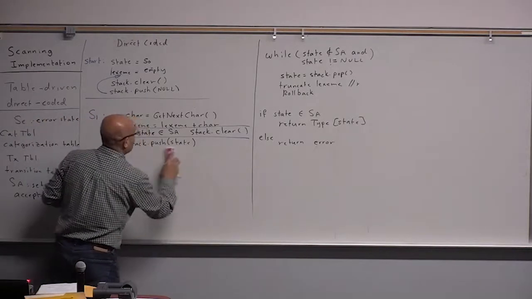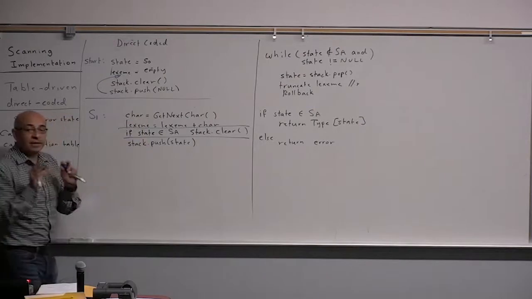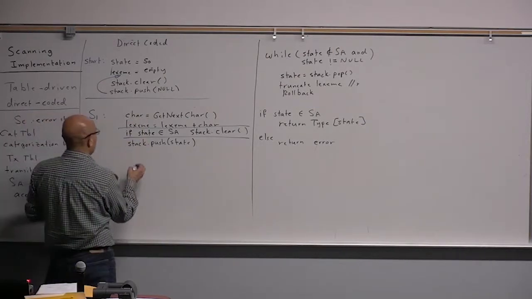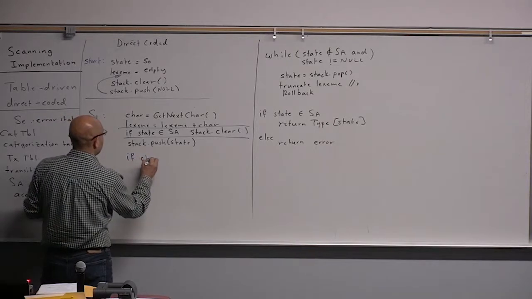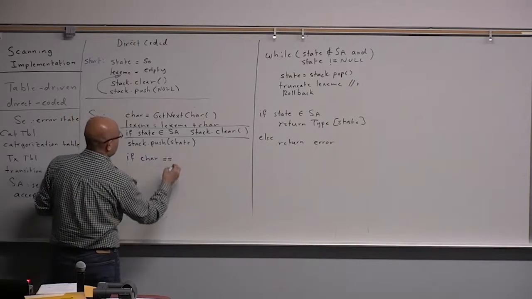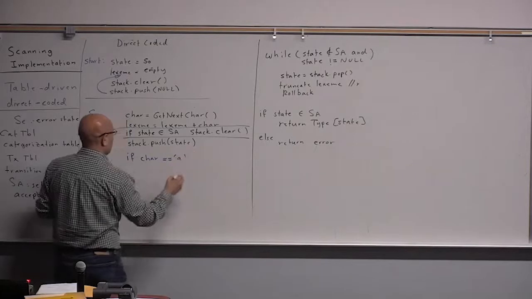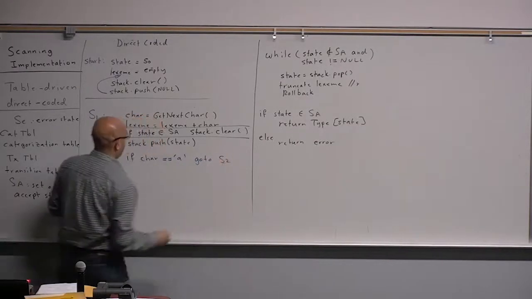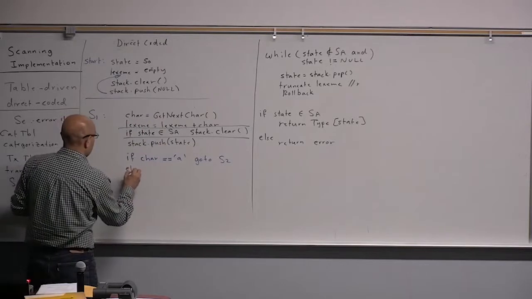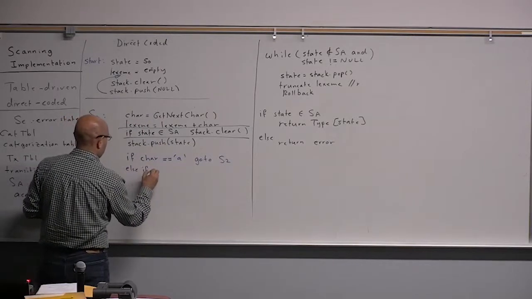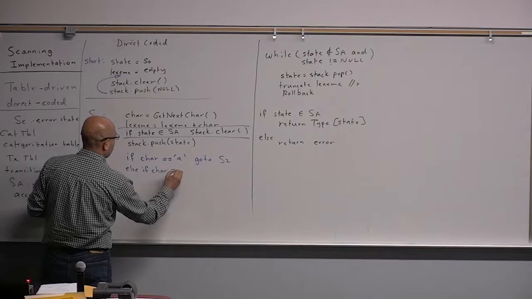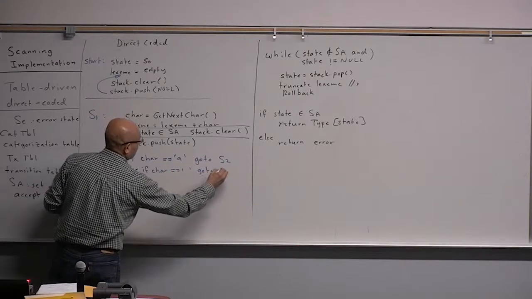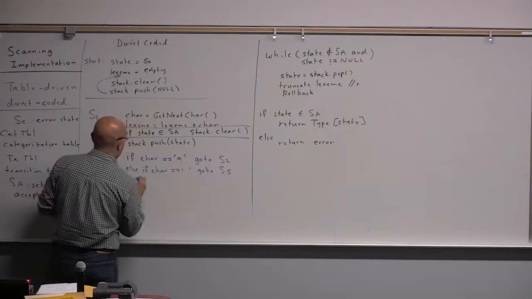So instead of doing the tables, you just directly code the transition by going to the next state. So you say if character equals A, then go to S2. Else, if character equals something else, go to S5, and so on.